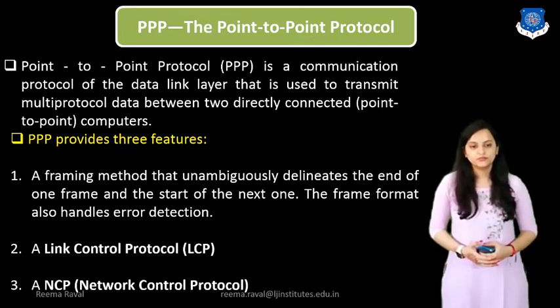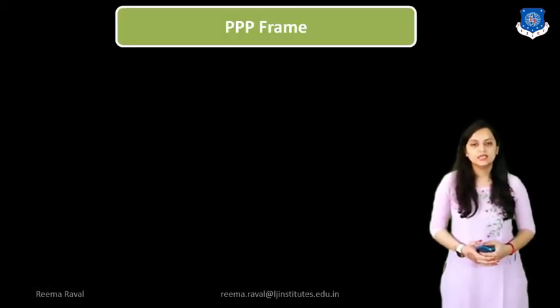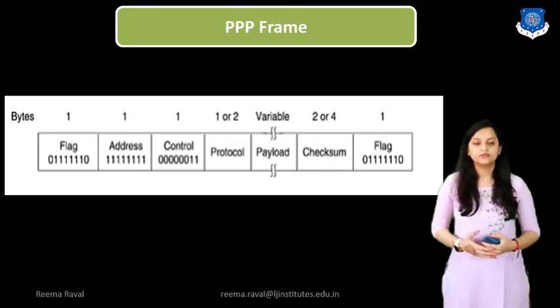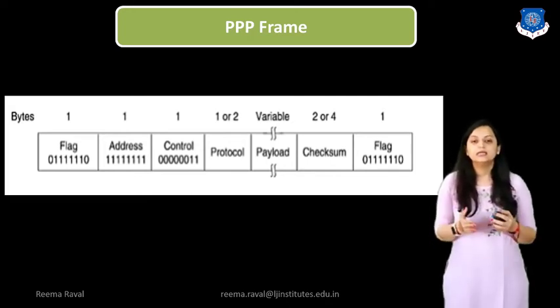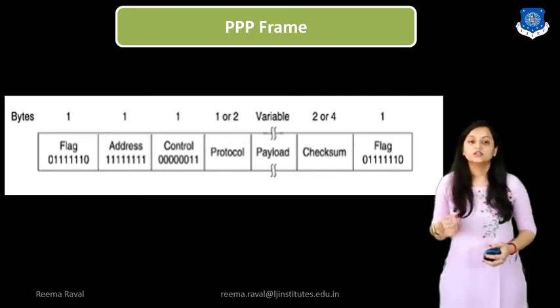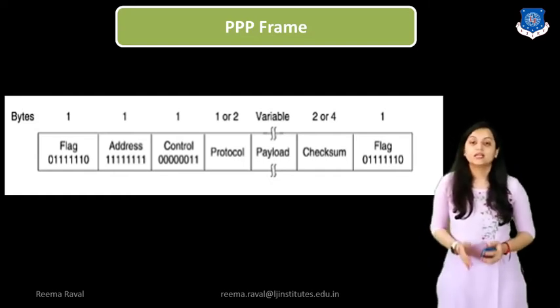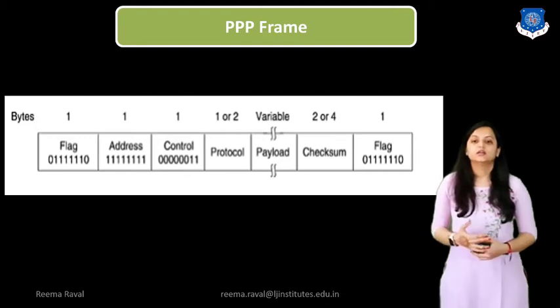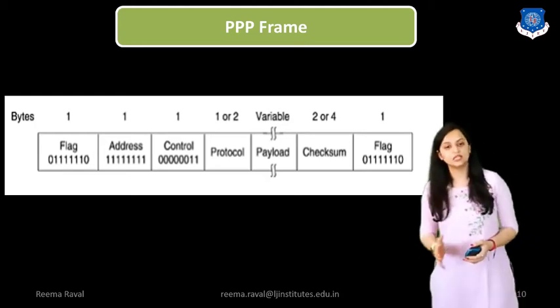So now let us see the PPP frame structure. The way we have seen the HDLC frame structure, we have the PPP frame structure. In these PPP frames, the fields of the frames are in bytes. We have the first and last field, which is the flag field, which is again of the same pattern, 0, 6 times 1, 0.